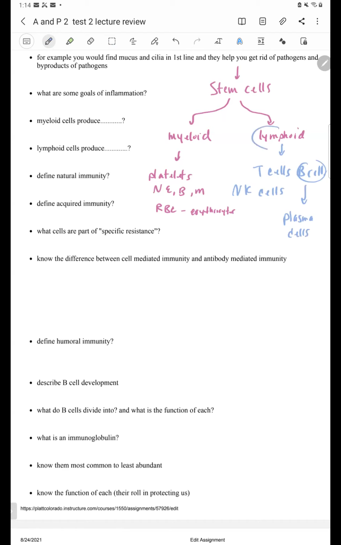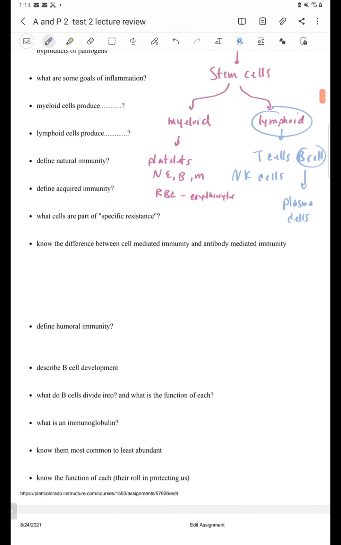That comes from the lymphoid side. So obviously there's a lot of questions that you can get from just that, knowing their myeloid and lymphoid routes.